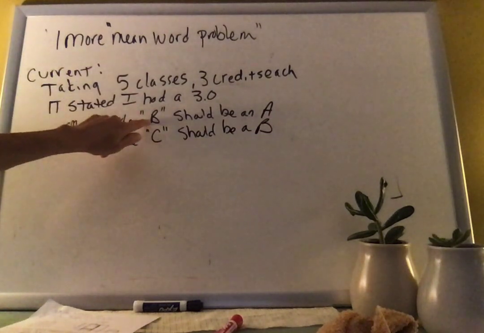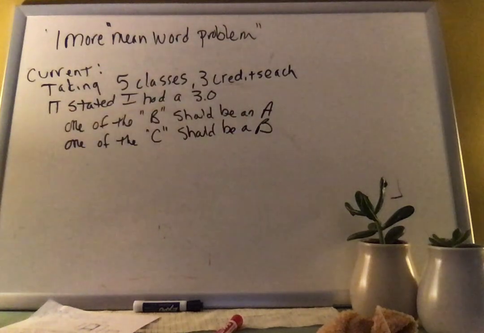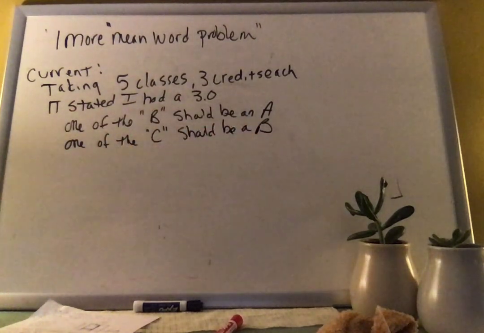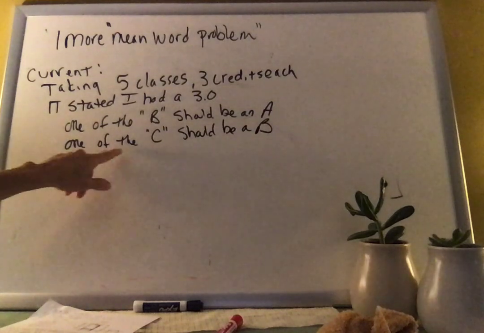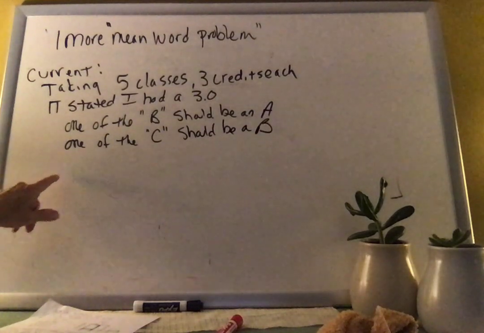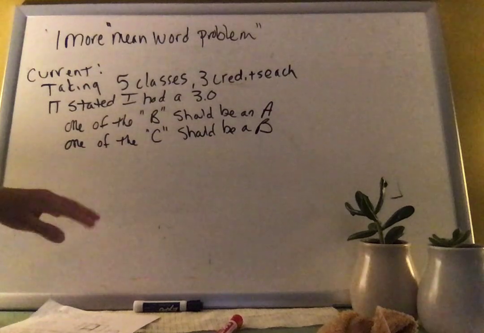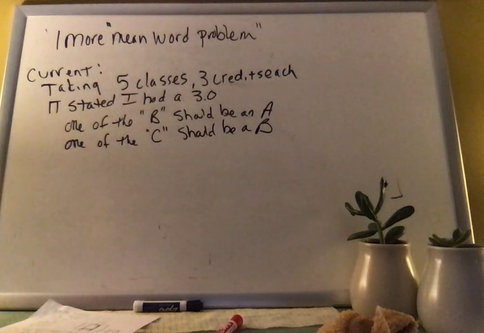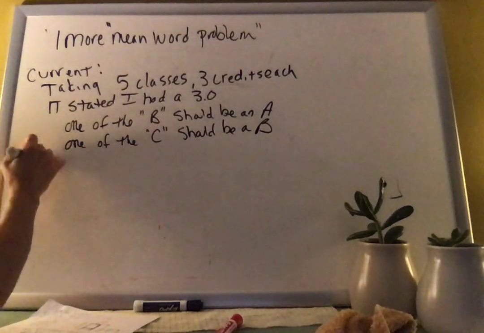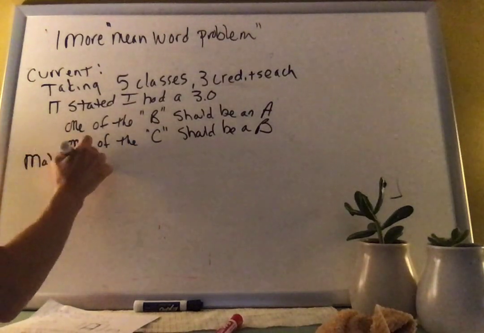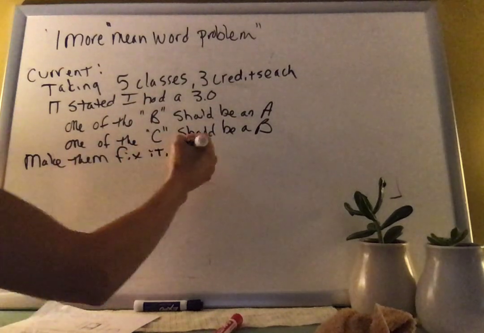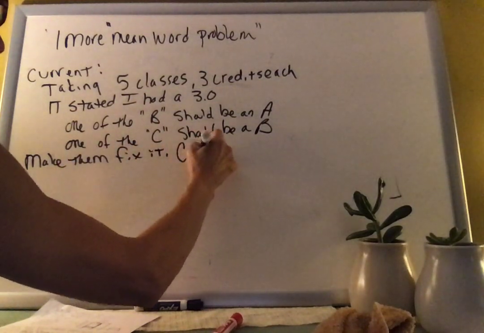One professor gave me a B and it should have been an A. A different professor gave me a C and it should have been a B. Now, I realize the way I wrote this, not that it matters, but it's my pride right here. It says one of the C's. This was the only C on the transcript. It was not correct. It should have been a B. So what is my new GPA? So I made them fix it. What is my correct GPA?